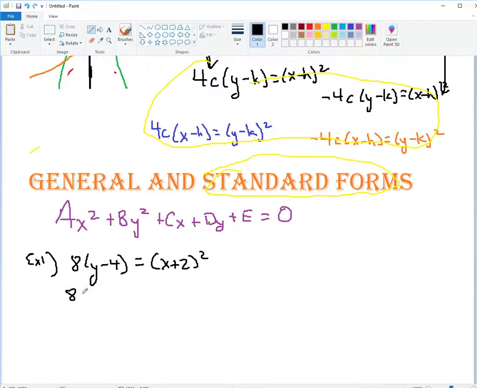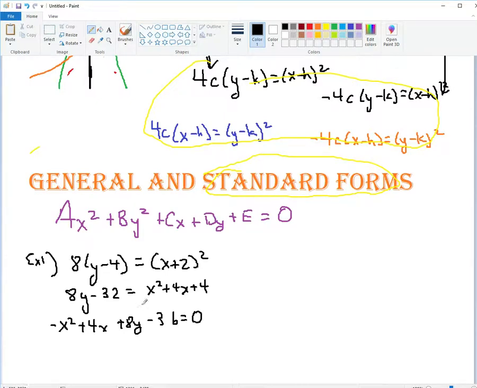So we have 8y minus 32 is equal to x squared plus 4x plus 4, and then move everything over to the other side, and we end up with negative x squared plus 4x plus 8y minus 36 equal to 0.